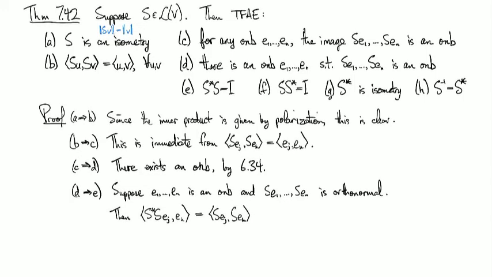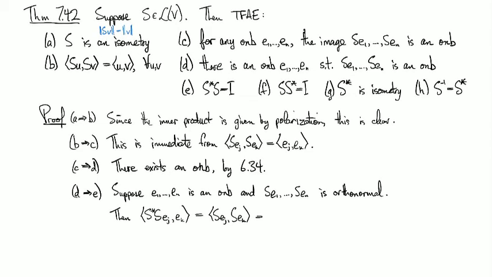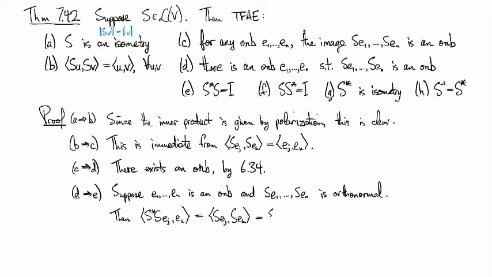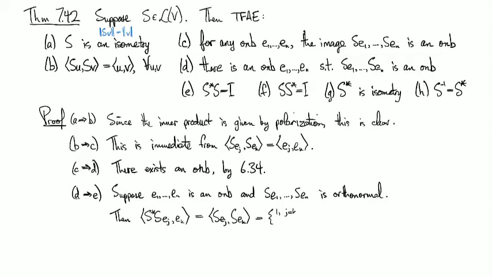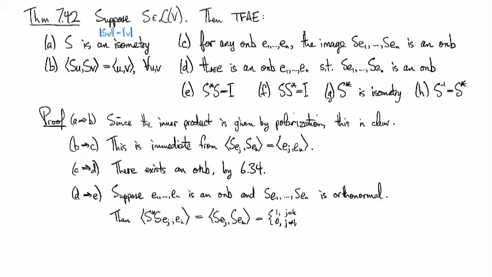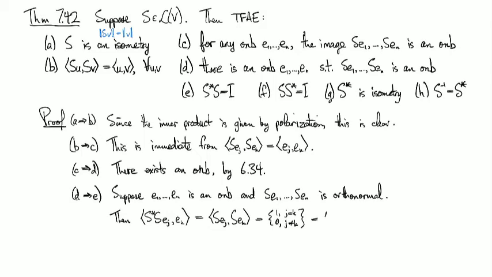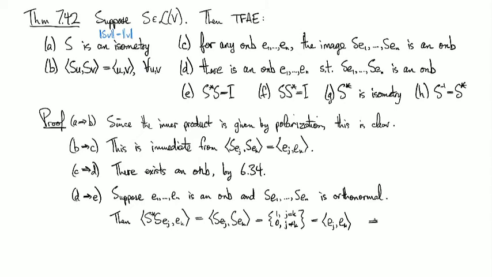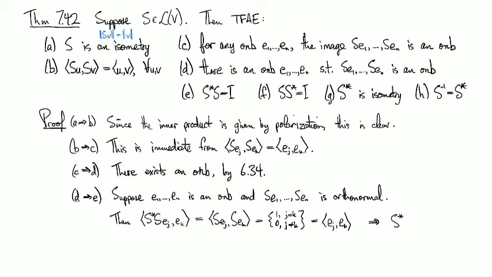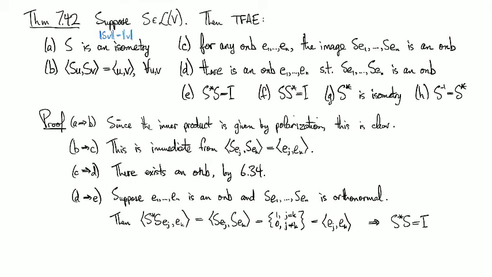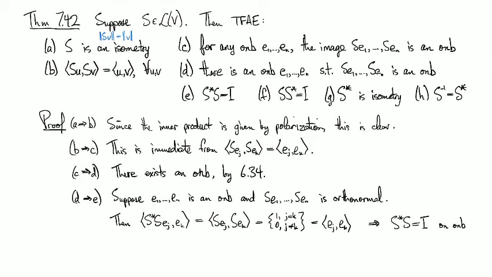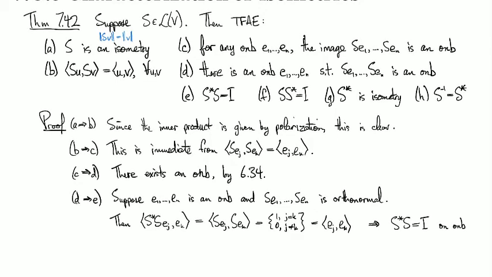Since this is an orthonormal basis, this is going to be 1 if j equals k, 0 if j is not equal to k. That's exactly the same as for EJ, EK, which shows that S star S is equal to I on the orthonormal basis, and since it's equal on the orthonormal basis, they're actually equal everywhere.